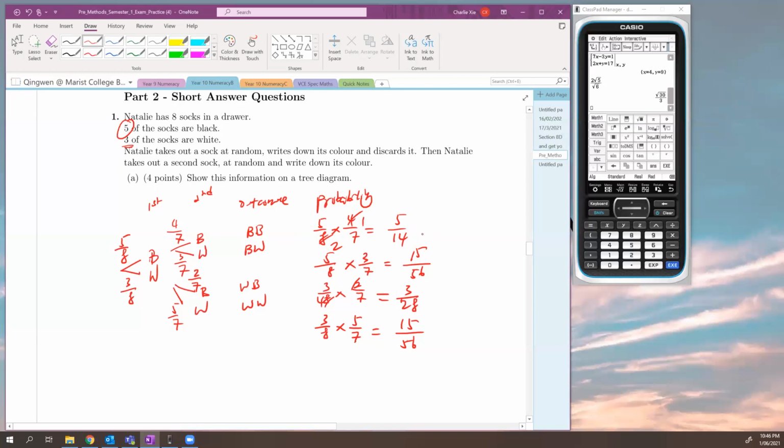To make it easier, I'll make all of them over 56. So 5 over 14 times 4 will give 20 out of 56. 15 out of 56. 3 over 28 times 2 gives 6 out of 56. All right, with a denominator of 56, I can add them up and check if they are 1. Easy. Otherwise, you can just put it in your calculator if you want.